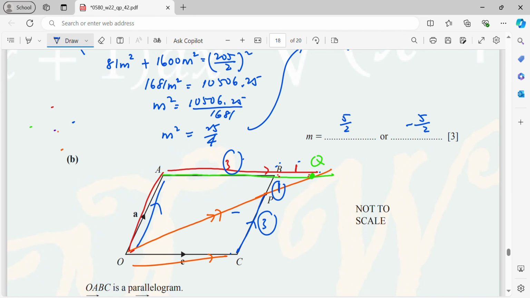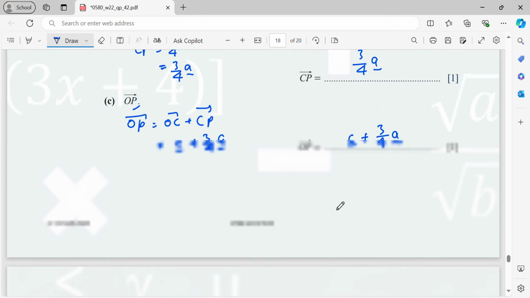So to find the AQ, because we know that OC is same as AB, which is C. Here is C. Now, when you look at the total parts here, there are 4 parts. So your AQ is basically 4 out of 3 parts because AB is same as OC and AB is taking 3 parts.